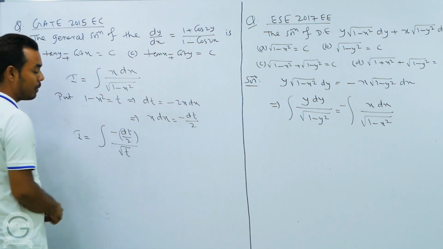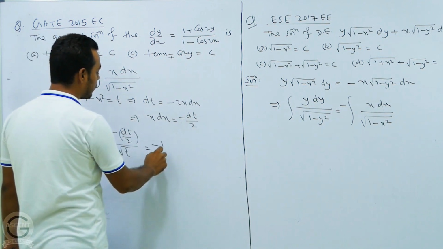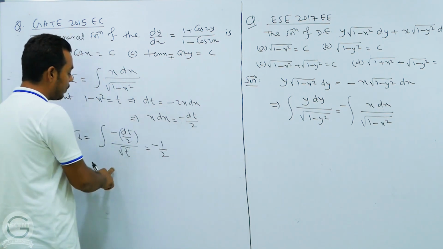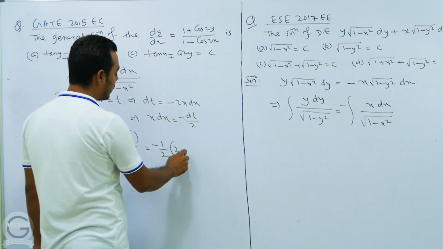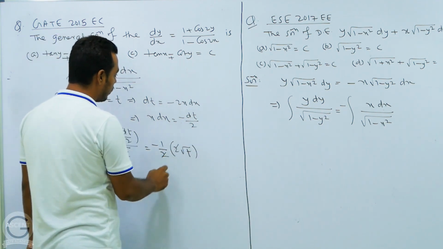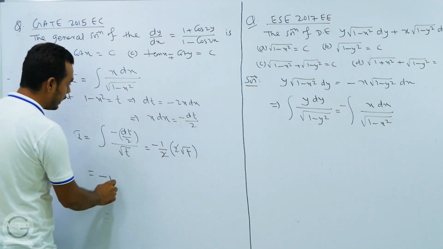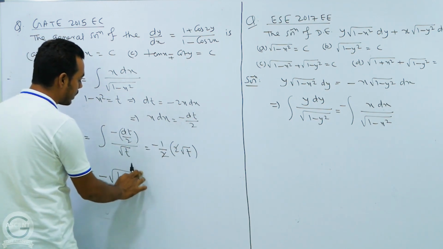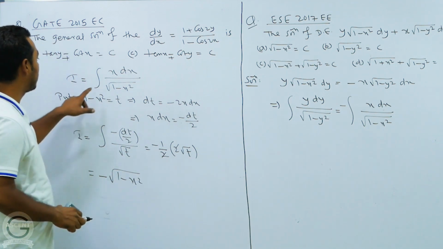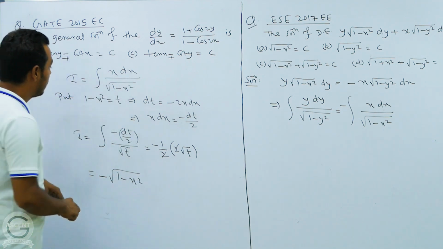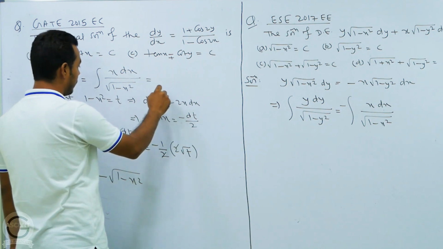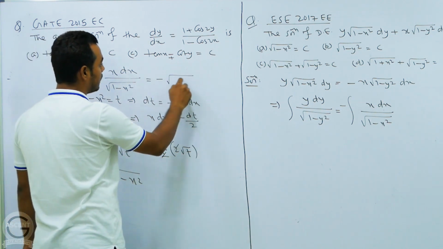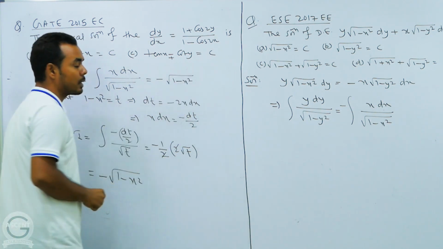So minus 1 by 2, and the integral of 1 by root t is nothing but 2 root t. 2 and 2 will cancel. Finally you will get minus root t, and root t is nothing but root over 1 minus x square. So the integration of x dx by root over 1 minus x square will be minus root over 1 minus x square.